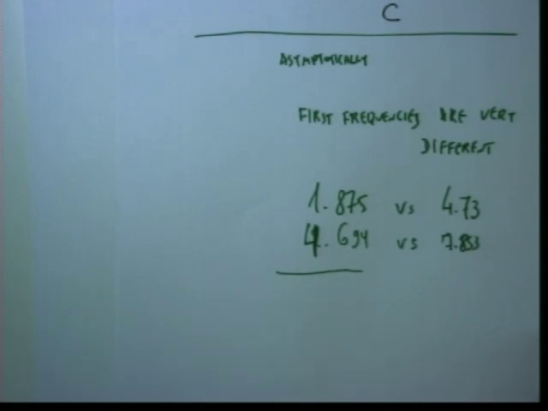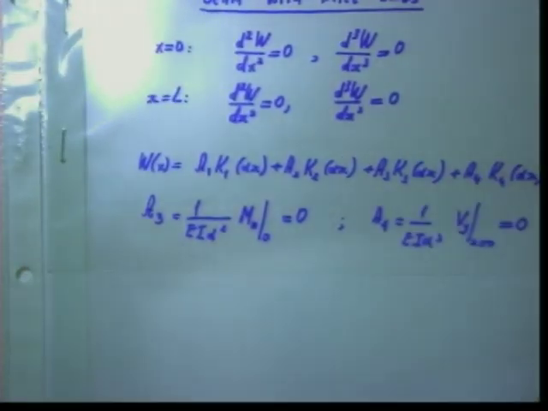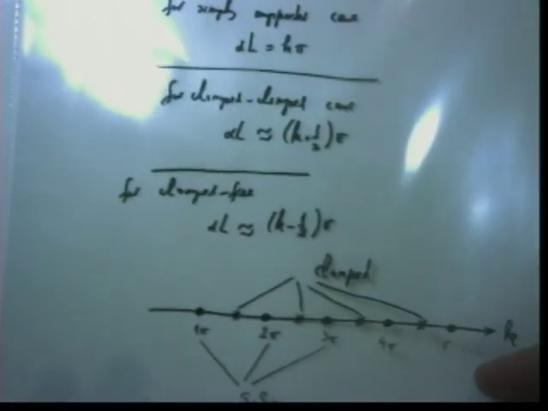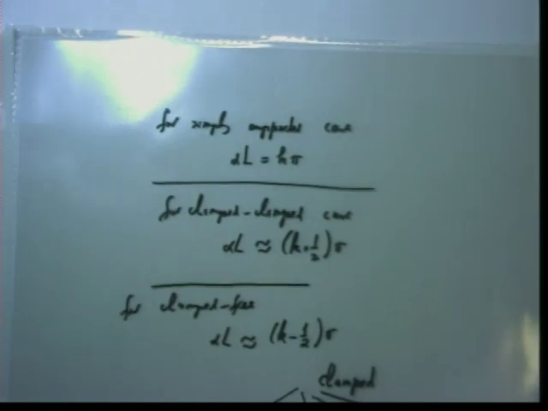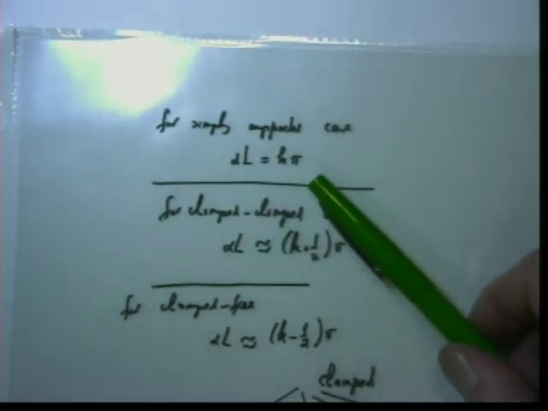Okay, we will deal with beam with free ends. Or maybe before that, maybe you can cross this beam with free ends. We will have this discussion. For simply supported case, alpha L equals K times pi.